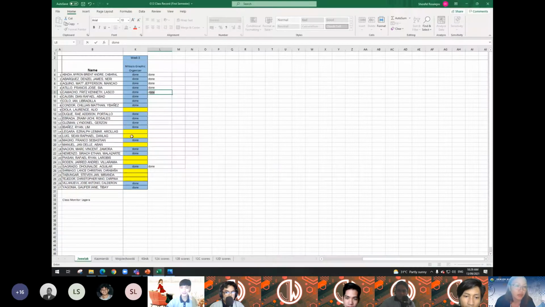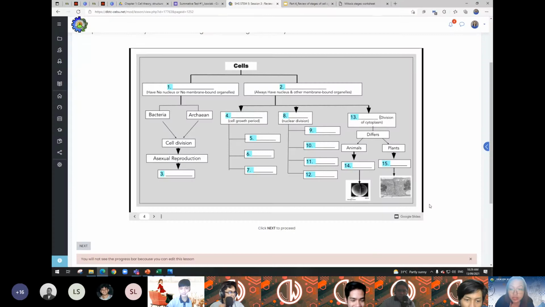Very good. So remember, class, the cytokinesis of plant and animal cells. The difference is the manner of how it is started: contractile ring and then cell plate.